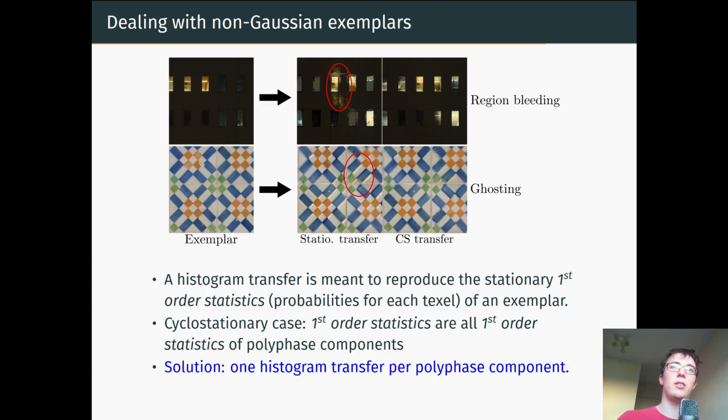In a cyclostationary context, things are different. First-order statistics are a little bit more complex, because they are equal to the first-order statistics of each polyphase component. Since polyphase components are stationary processes, our global matching consists in pre-computing a matching for each polyphase component.